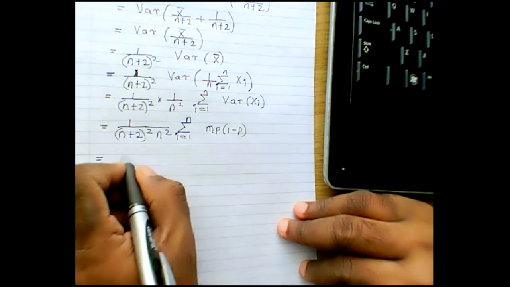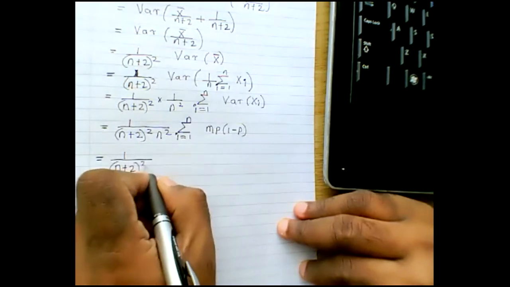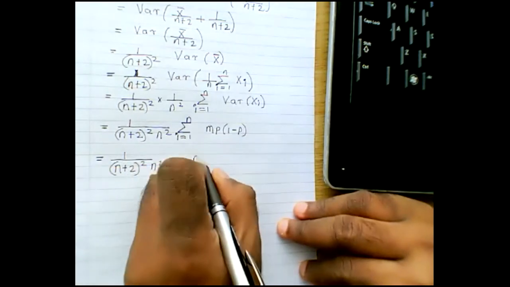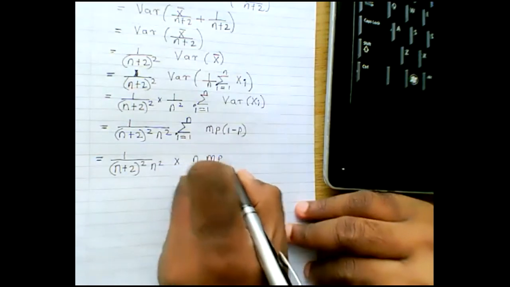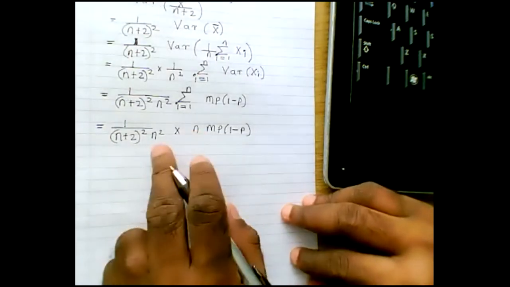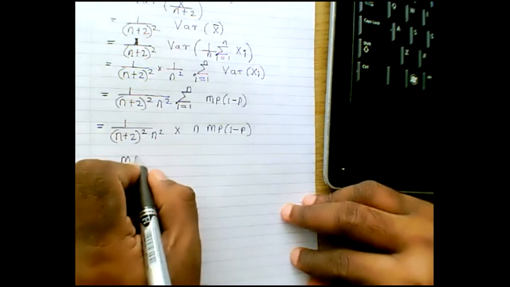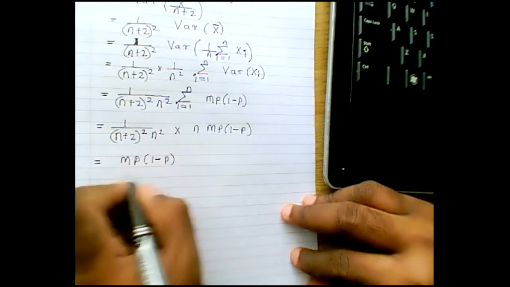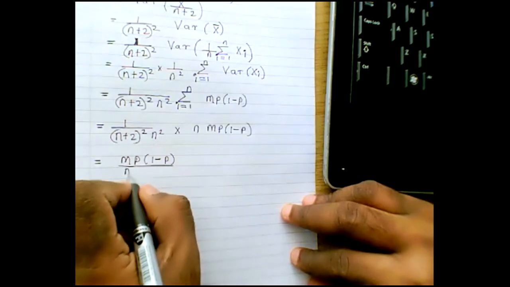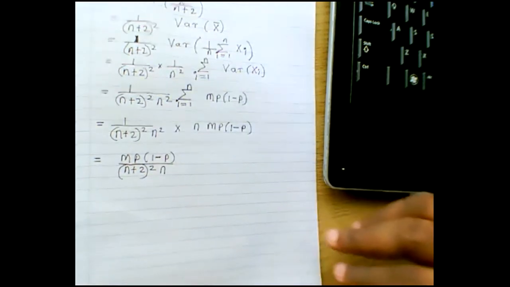So what you can write is the following: n times the constant, which is this, right? Now the n cancels with this, so the final answer that you're going to get is this, right? All right, so this is the answer for part 2 of question 10.